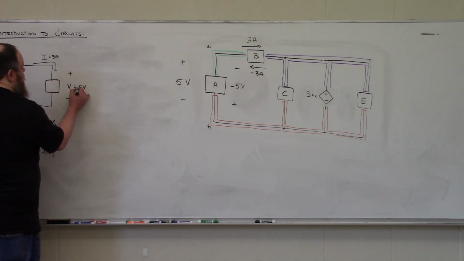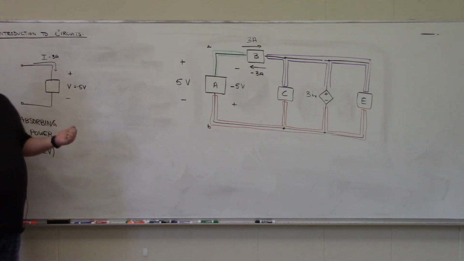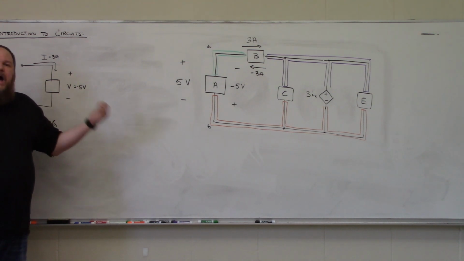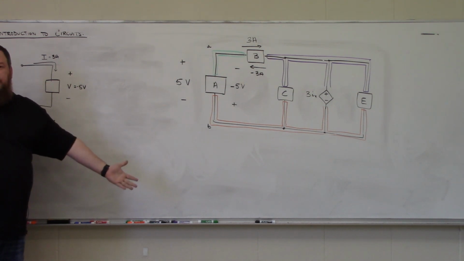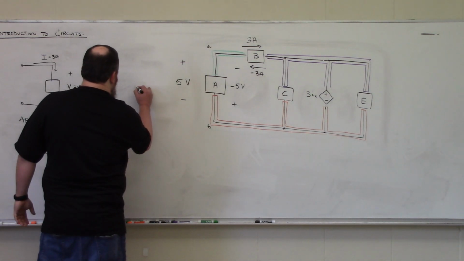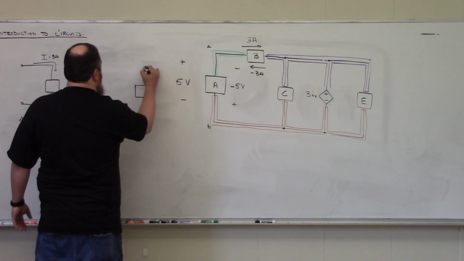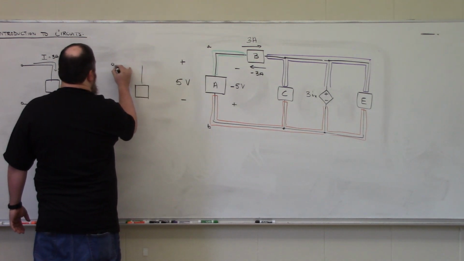However, if the voltage were negative 5 volts, then this particular element would be absorbing negative 15 watts of power, okay? The negative sign implies that it's doing the opposite of absorbing, which we'll call supplying. So instead, I may have cases where I have a generic element.